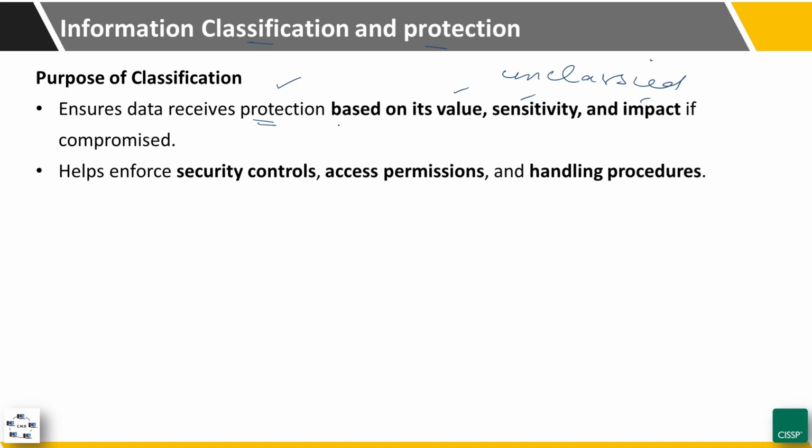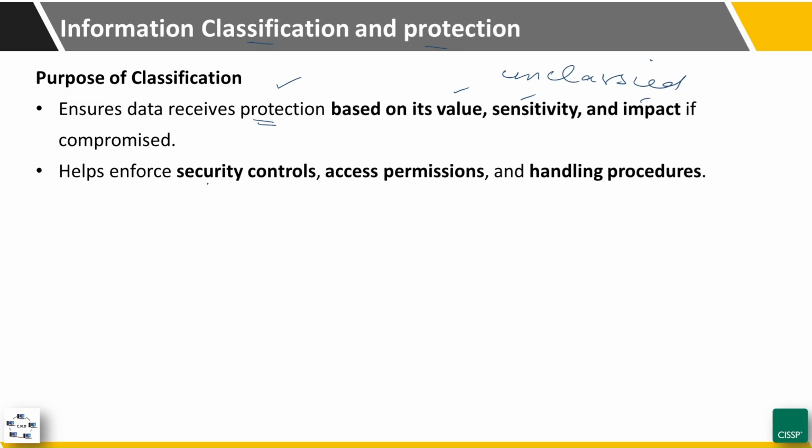So first we need to determine the value and sensitivity of data based on its classification, and then accordingly apply the protection, so that very highly sensitive data gets more protection, and less sensitive data of low value and less impact gets protection and security controls accordingly.